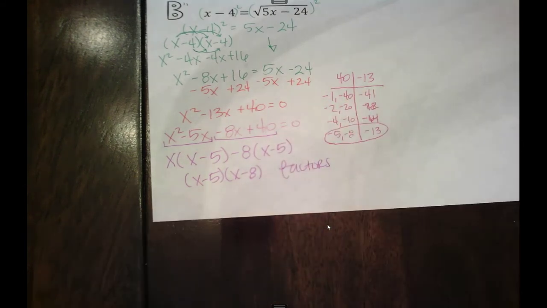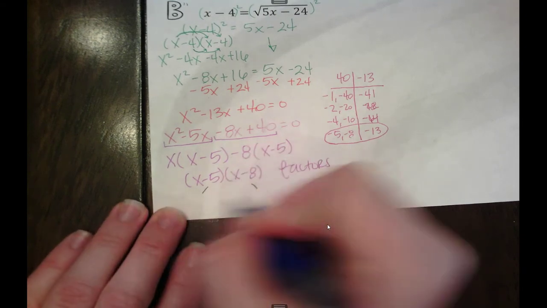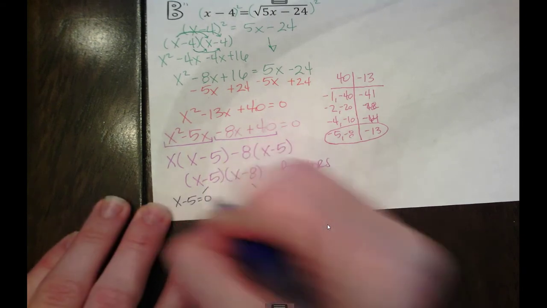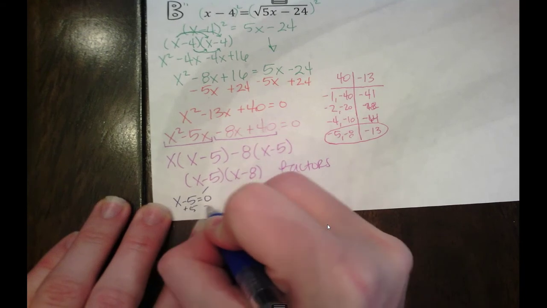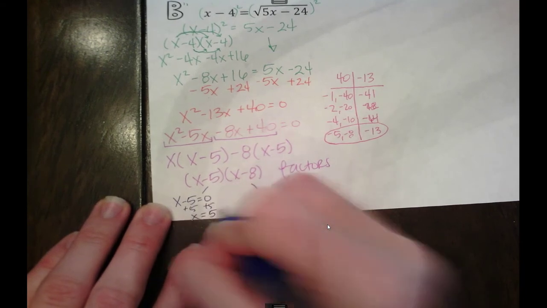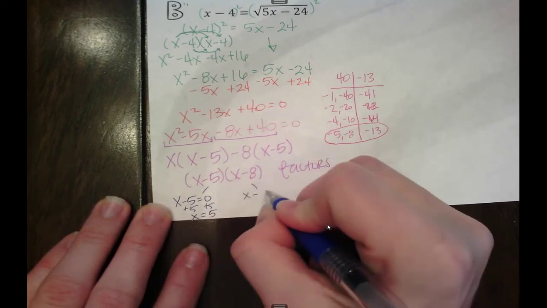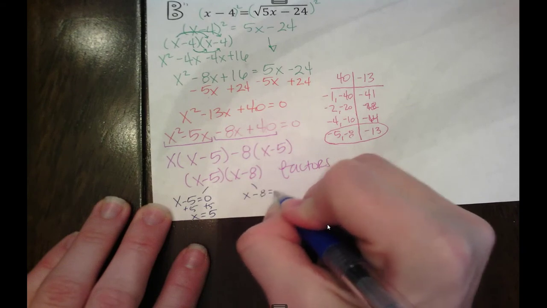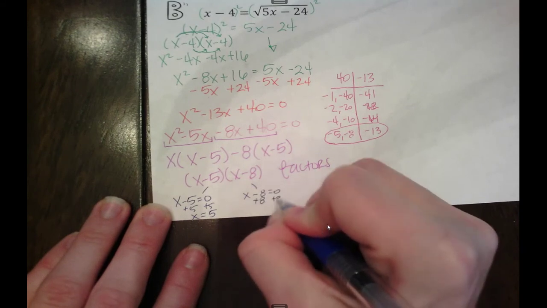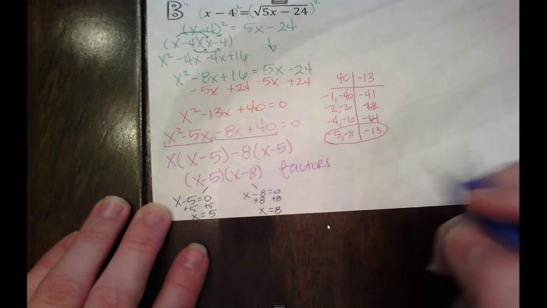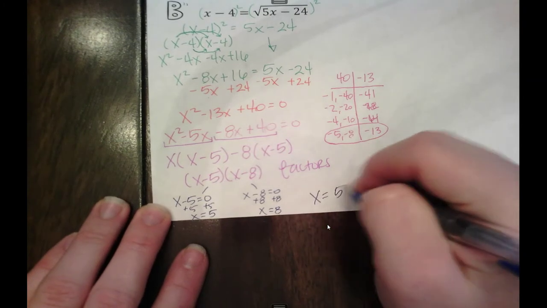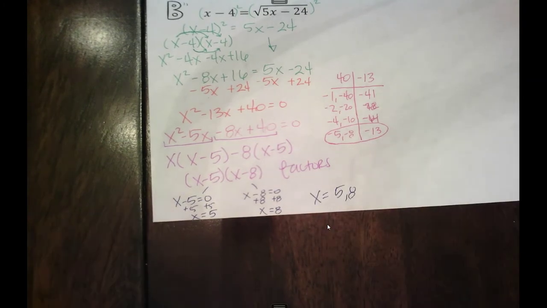We're not done. We have to solve it, so we need to set each of these equal to 0. x minus 5 equals 0. Add 5, x equals 5. x minus 8 equals 0. Add 8 to both sides. x equals 8. x equals 5 and 8.